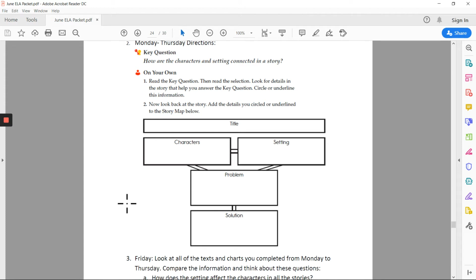For your work, you'll read the key question, then read the passage for the day. Look for details in the story that help you answer the key question. Circle or underline that information. Then look back at the story and add those details to the story map. You'll see the story map on the writing page for this week.